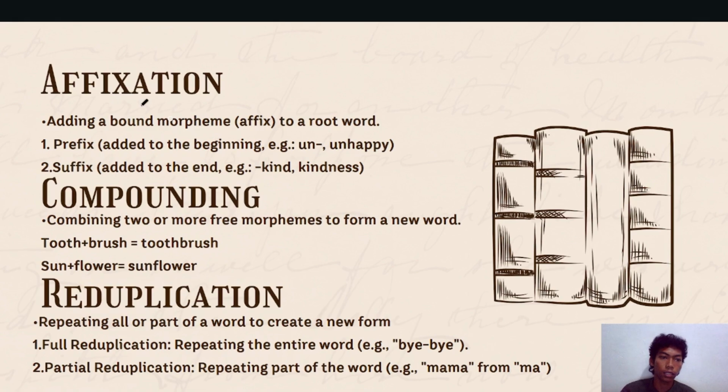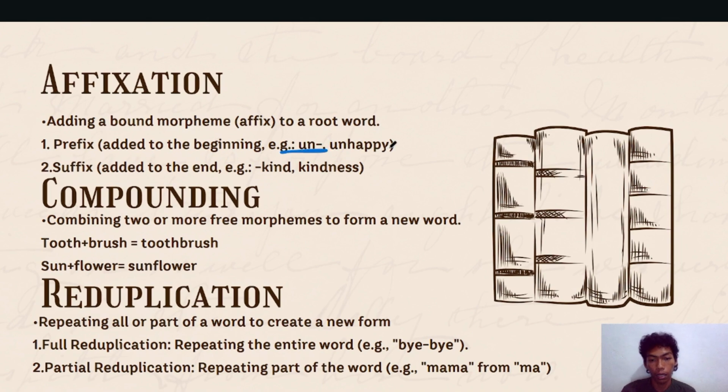Okay, the first material is affixation. This one is simple. It's when we add an affix, like a prefix or suffix, to a root word. For example, you take the word happy and you add un at the beginning.